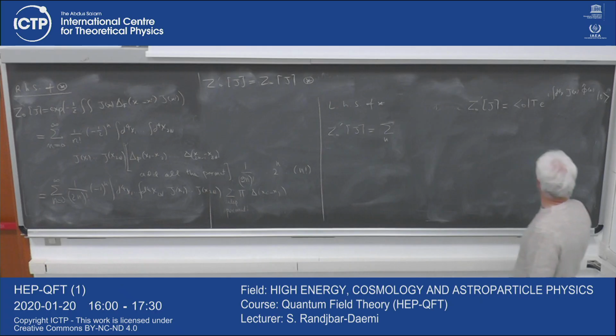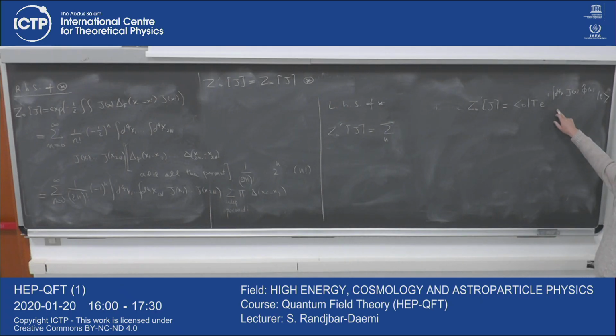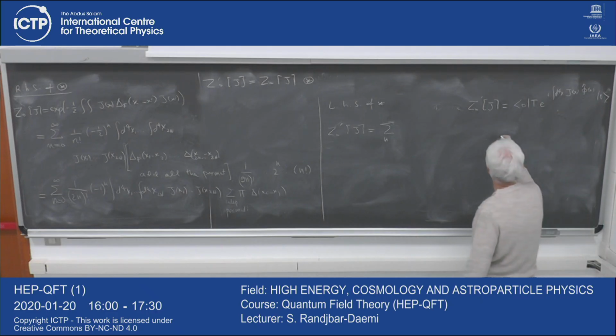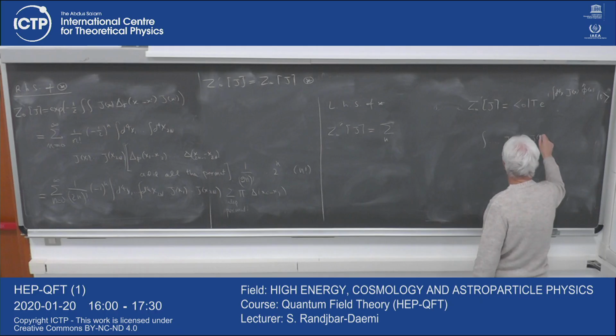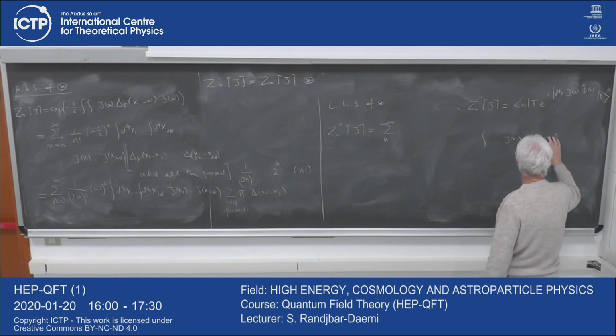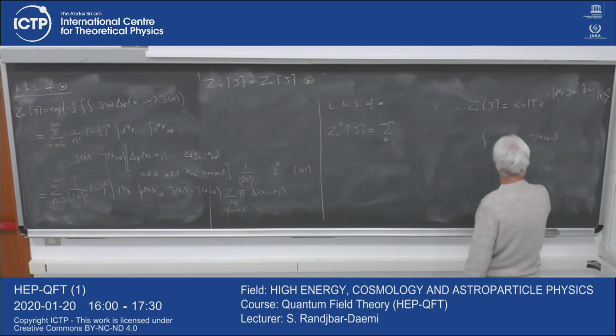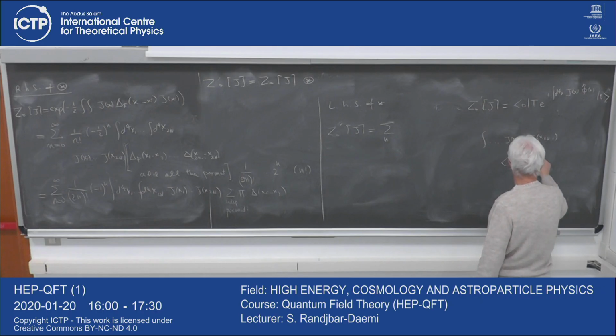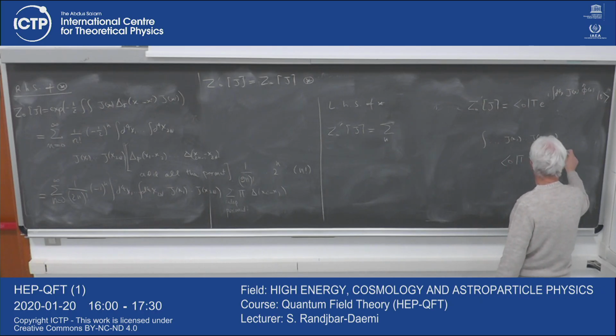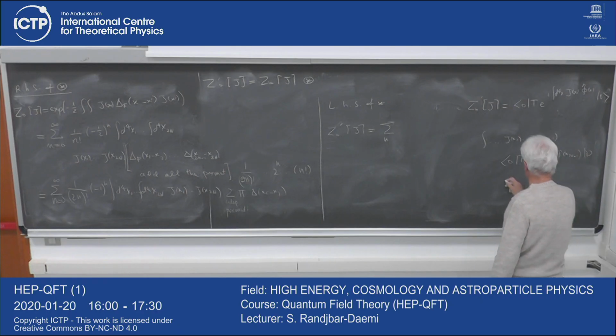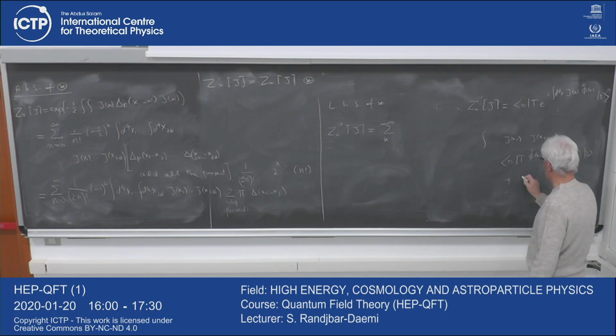Now, the first thing is that when you expand in powers of j, you produce terms which have an odd number of phi's in them and terms which have an even number of phi's in them. So when you expand them, you will produce terms with an odd number of phi's, plus terms with an even number of phi's.